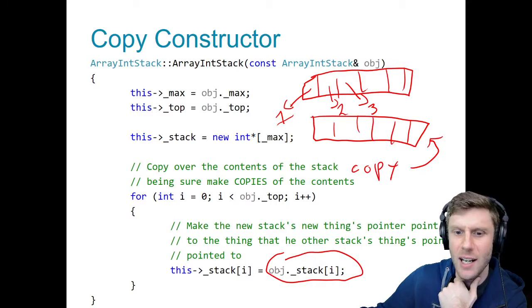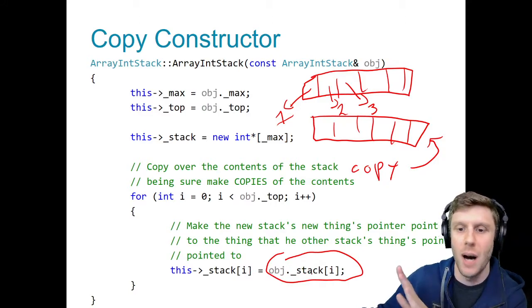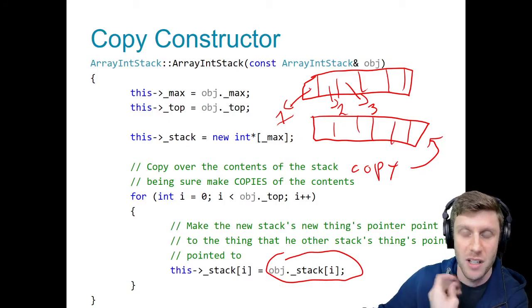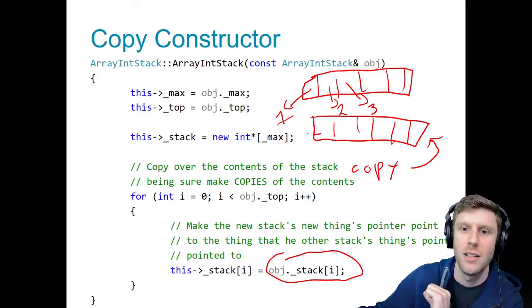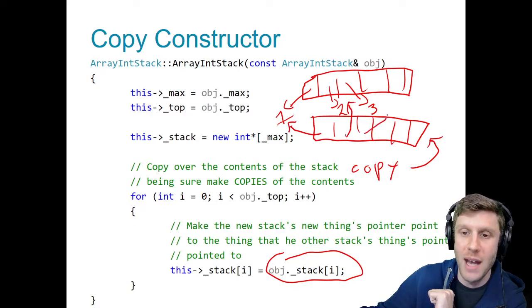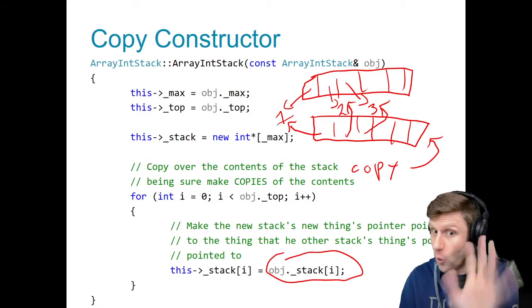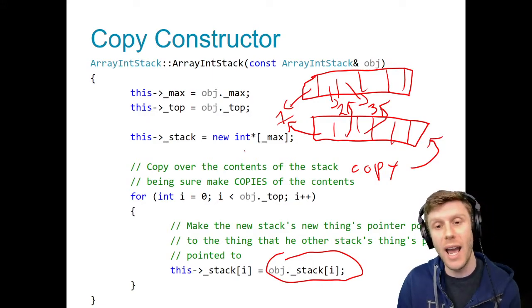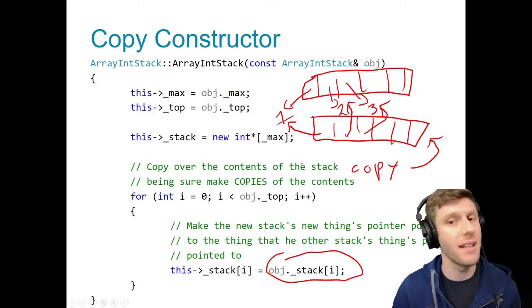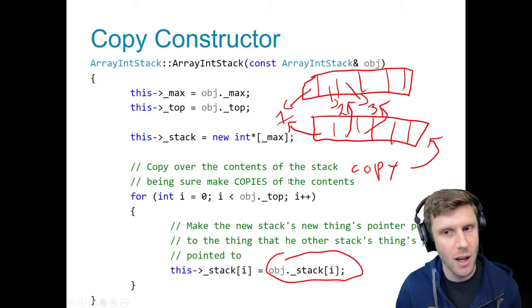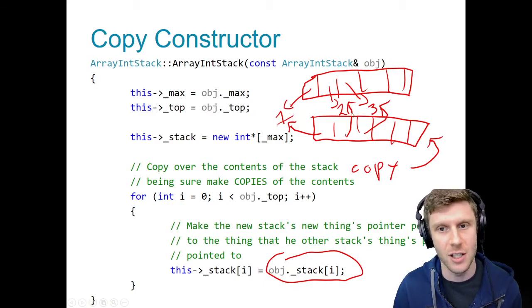But here, I'm just straight up copying the contents of whatever's in the original stack's index i, which is a pointer to this one single integer. So although I've made a copy of the array, the way this is coded, it is not as deep of a copy as it could be. We're not making copies of these integers.